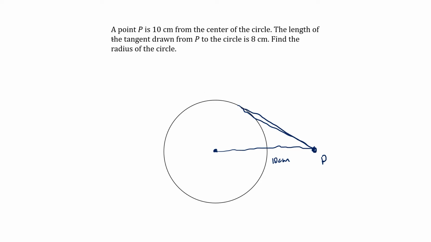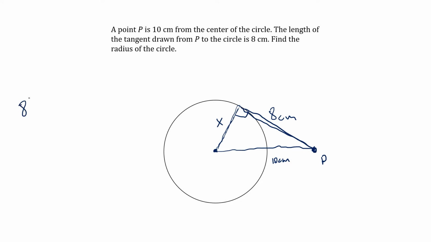Find the radius of the circle. So the radius is going to be this line here, right? And we know this is a right angle. This is 8 centimeters, should have labeled that before, and with this being our hypotenuse, that 10 centimeters, we can find this length x, r, whatever you want to call it, using Pythagorean theorem.